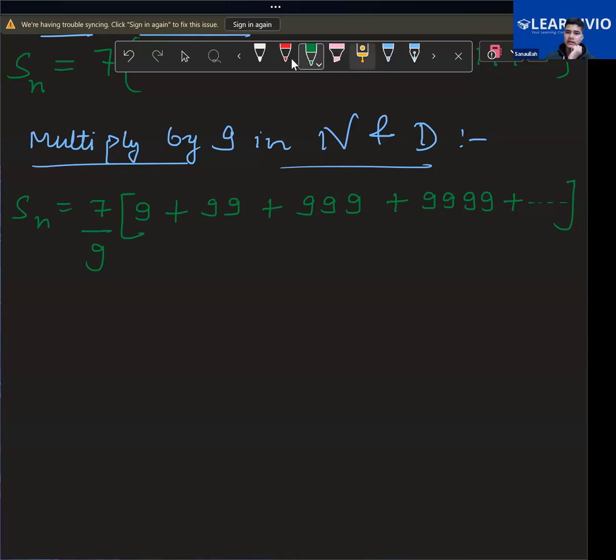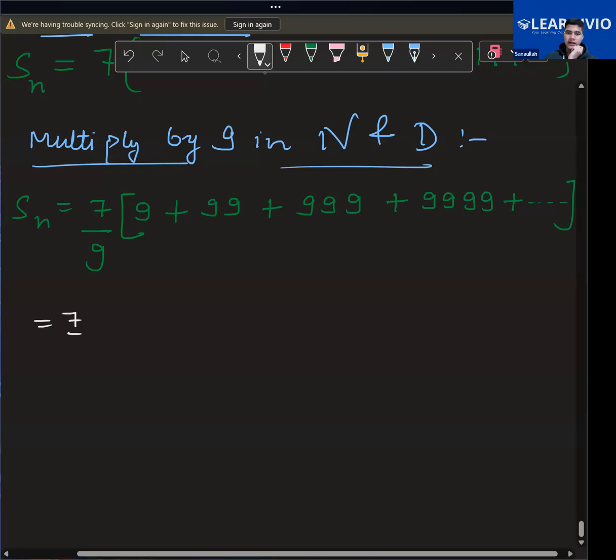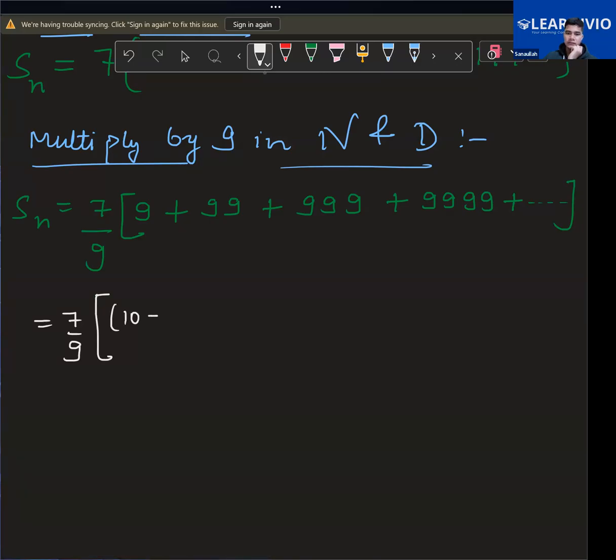See how we are going to make that. Now here 7 by 9 in the numerator. Can I write 9 as 10 minus 1?